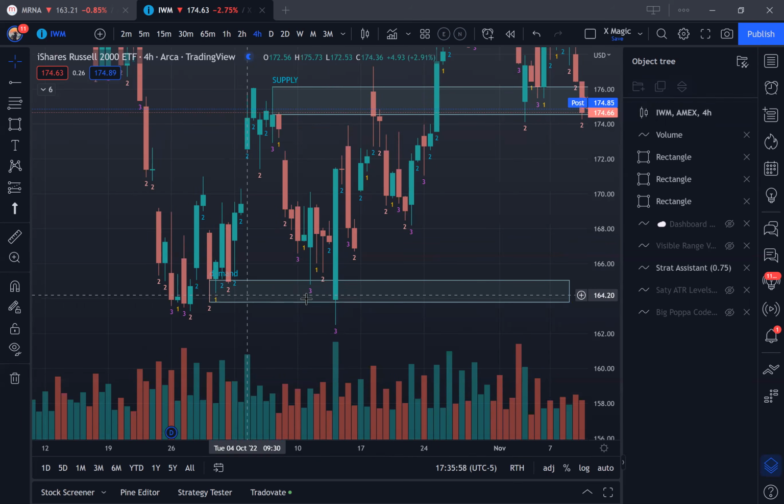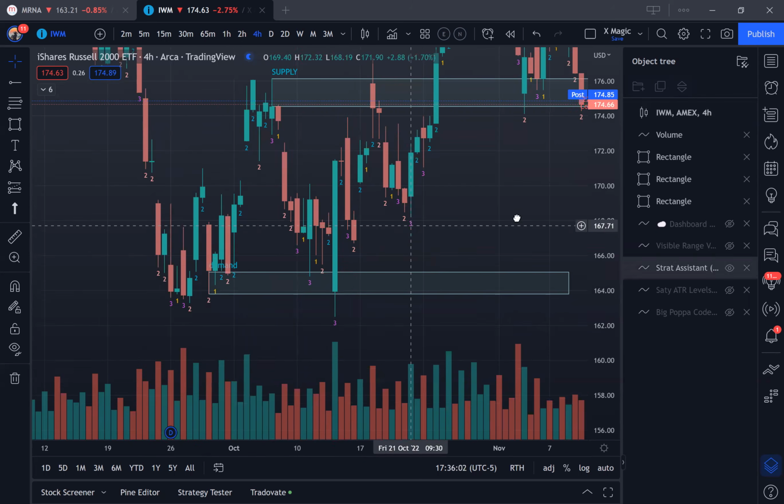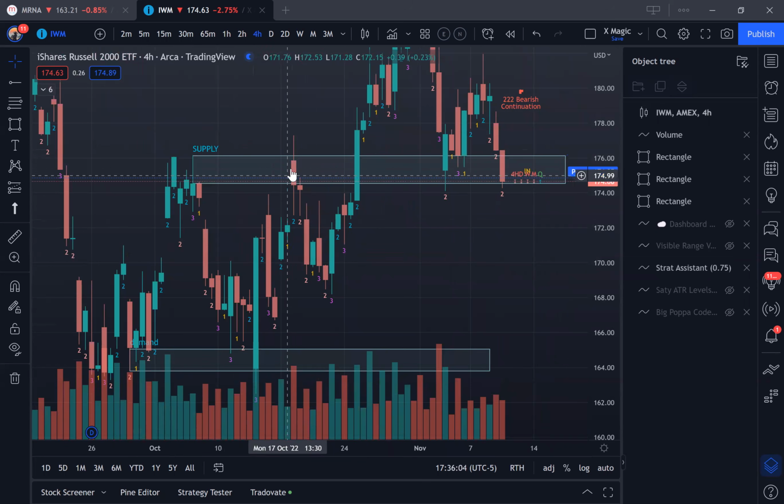All the buyers that were waiting in this zone and probably around here bought it up. They go to retest the supply zone. Whoever bought down here is probably going to be selling in this area, plus the sellers that are waiting here to bring it back down. So whoever bought here, they're going to be selling in this area, which causes a sell-off back down.